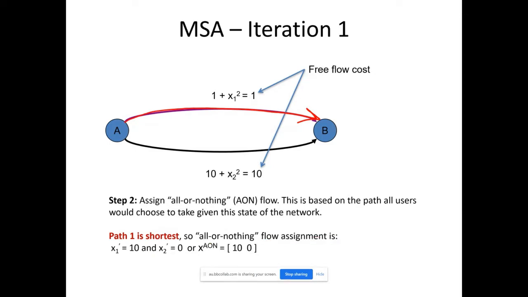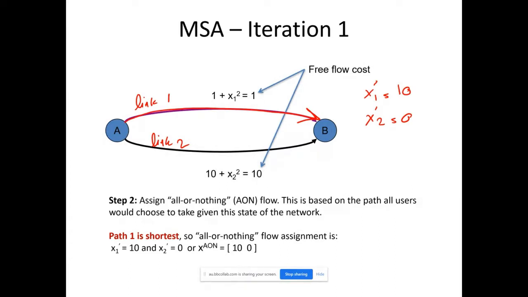That means x prime 1 is 10 and x prime 2 is 0. This is link 1, and this is link 2, okay? So x1 is equal to 10, x2 is equal to 0.